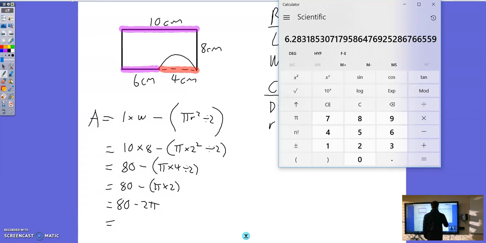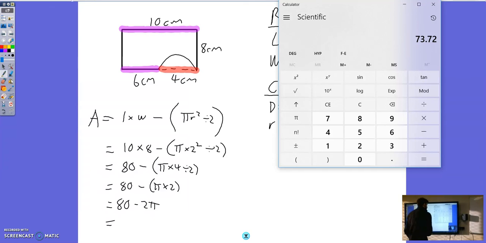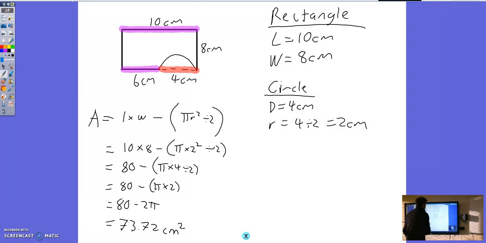So I'm going to say 80 minus 6.28, which is going to give me 73.72 as a final value. So 73.72, and our dimensions are all in centimeters, so it's centimeters squared. And that is the correct way to find composite area.